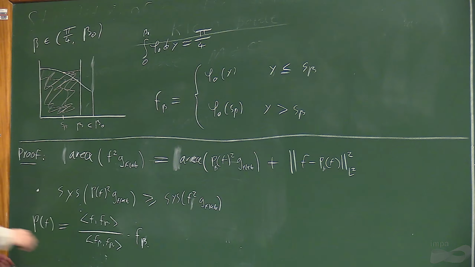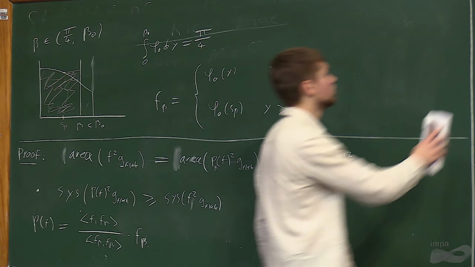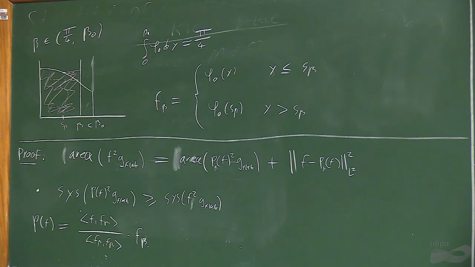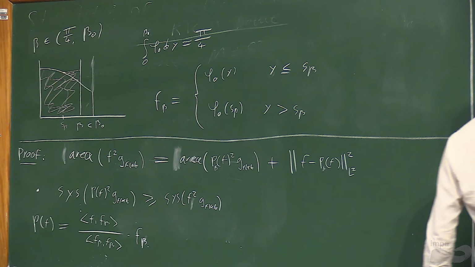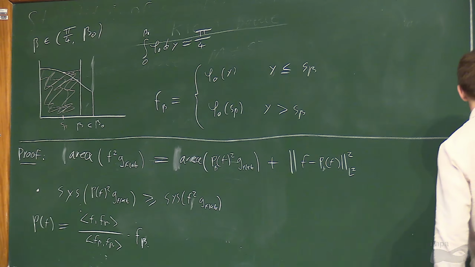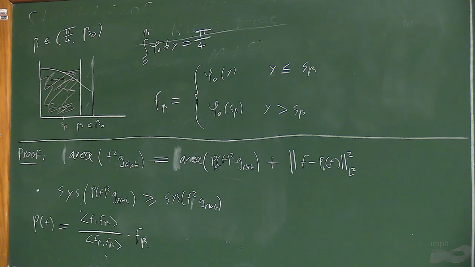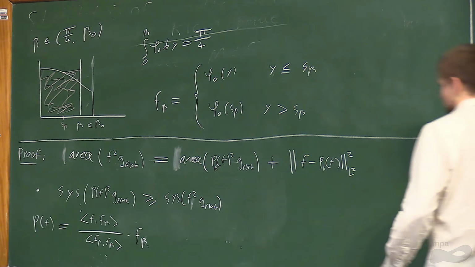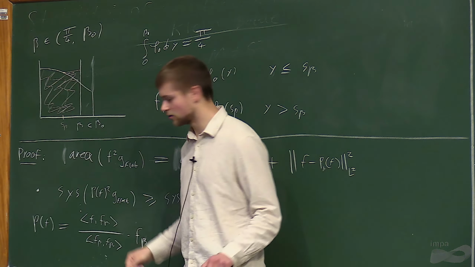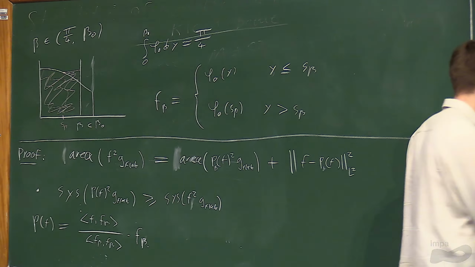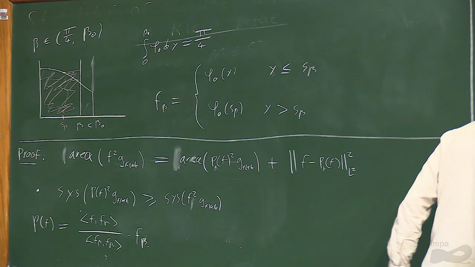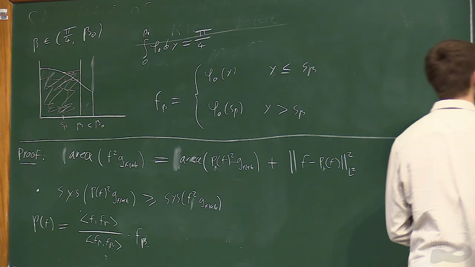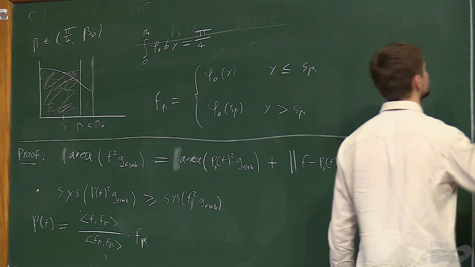And so what I claim is that if we start with a function f such that the systole is equal to pi, then this constant in the projection will be bigger than or equal to 1. And this will mean that the systole will not decrease.